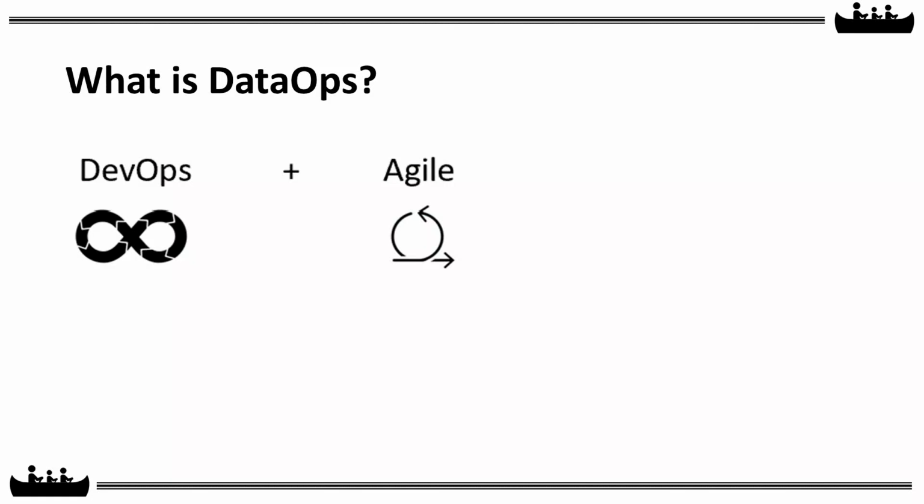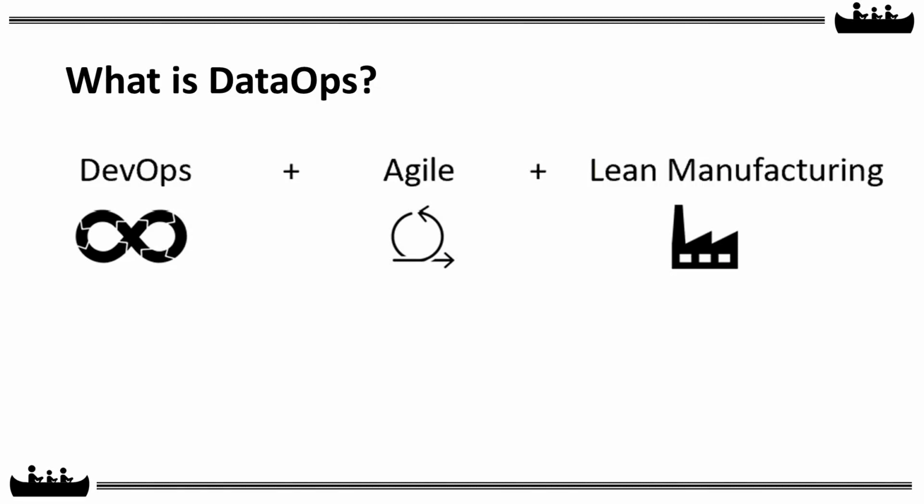Agile. DataOps also taps into agile concepts by emphasizing self-organizing teams, short sprints, and delivering value quickly to customers. Lean manufacturing. Thirdly, DataOps stresses lean manufacturing ideas by simplifying and standardizing processes and increasing automation. DataOps' inclusion of lean also promotes treating data and its transformations as a product on a manufacturing line.